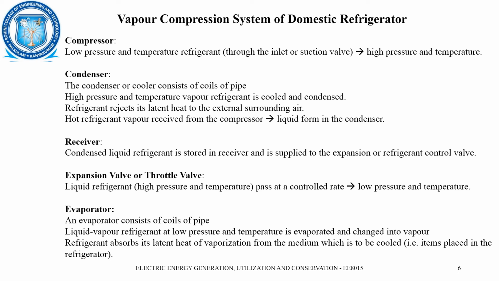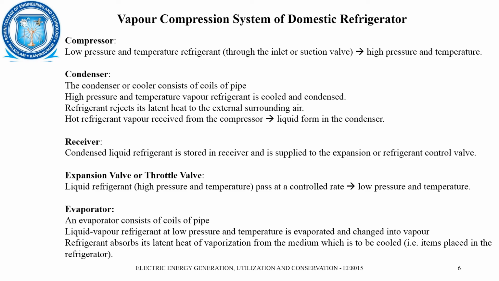While considering the receiver, after the filter, the condensed liquid refrigerant is stored in the receiver and is supplied to the expansion or refrigerant control valve, because the expansion valve is a small capillary tube which allows only a small amount of refrigerant through.